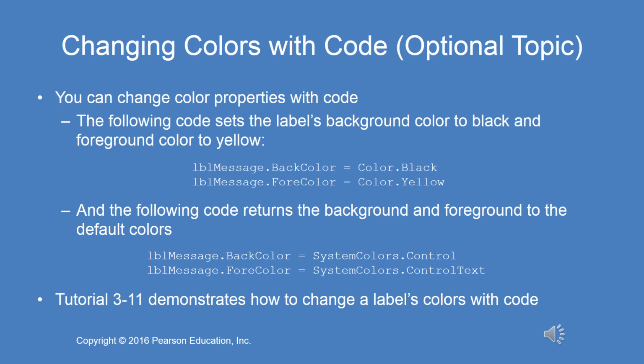Label message.backcolor equals color.black. Label message.forecolor equals color.yellow. And then there's some code that returns the background and foreground to the default colors, system colors.control and .control text. Tutorial 3-11, which I strongly suggest you complete, demonstrates how to change a label's colors with code.